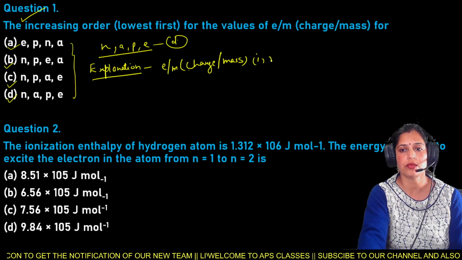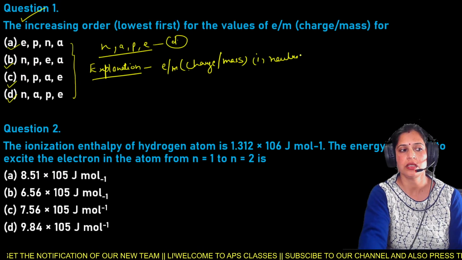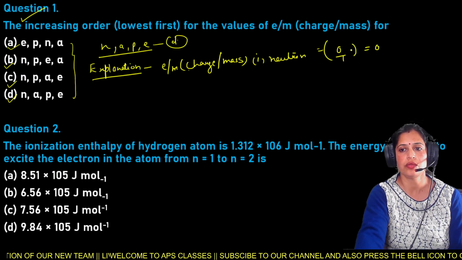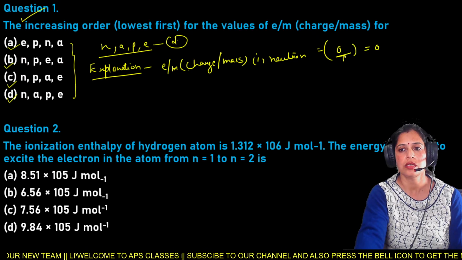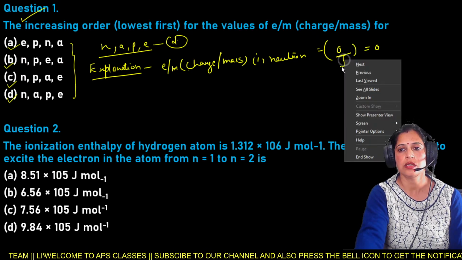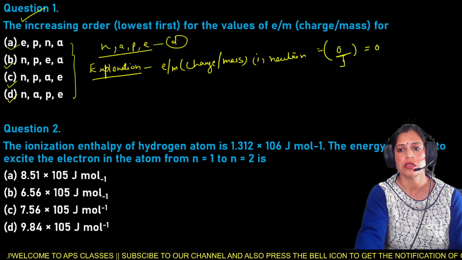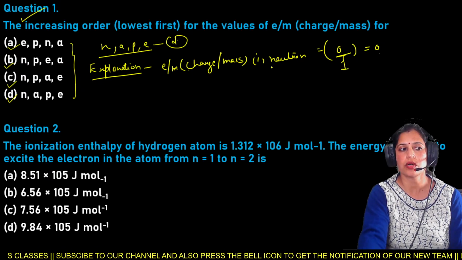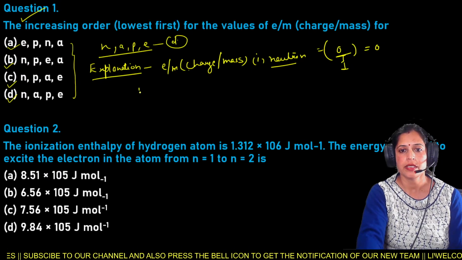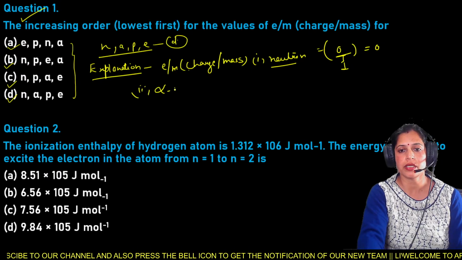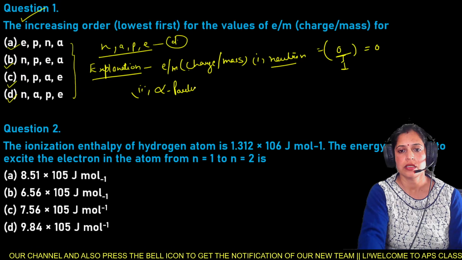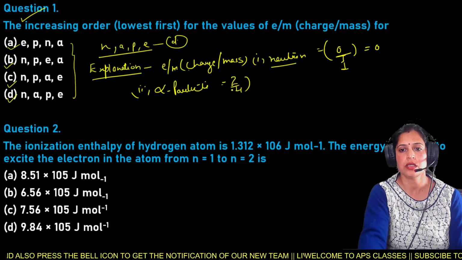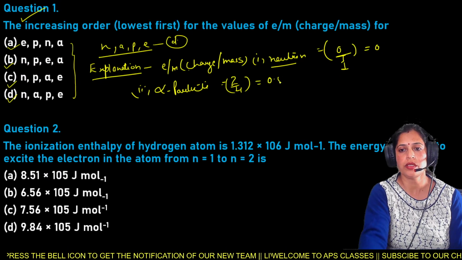First of all, for the neutron, that is 0 upon 1, is equal to 0. Second is for the alpha particle, that is 2 upon 4, is equal to 0.5.